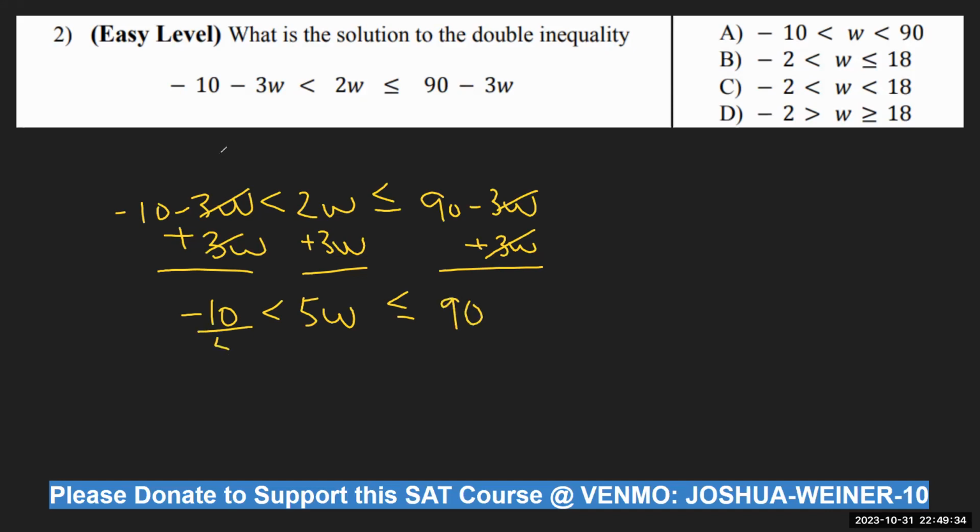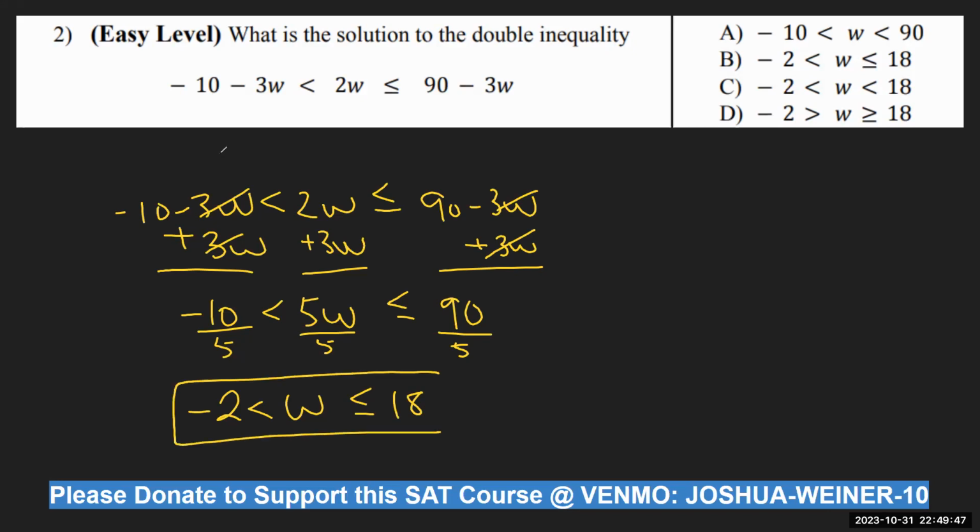Then divide each part by 5. So we have negative 2 is less than w, but at the same time, w must be less than or equal to 18. And the correct answer was B: negative 2 is less than w is less than or equal to 18.